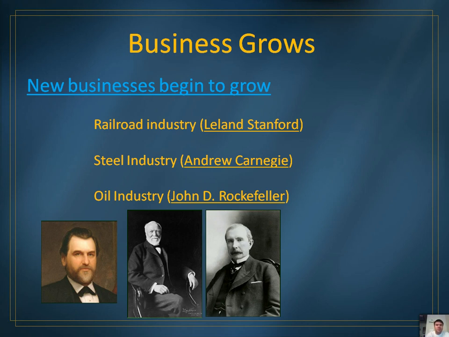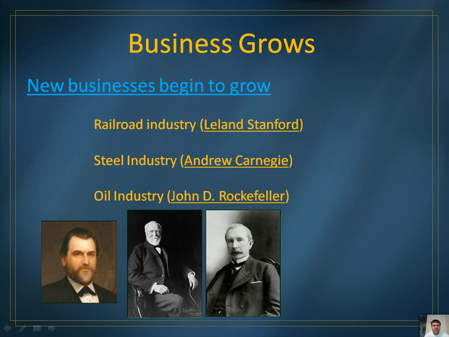And here you can see pictured three of the major business owners of this time, three industrialists as they were called. Leland Stanford on the left. Stanford University is named after him. He was part of the railroad industry and creating the railroad that went across the country.